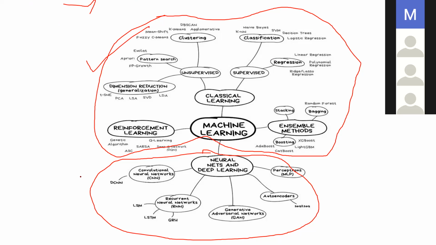But when it comes to highly complex problems such as image and video analytics, which rely on spatial analysis, an image is basically pixels, and we analyze the grouping of those pixels. In that case we use CNN, the convolutional neural network. Those are the places where neural networks come into play.